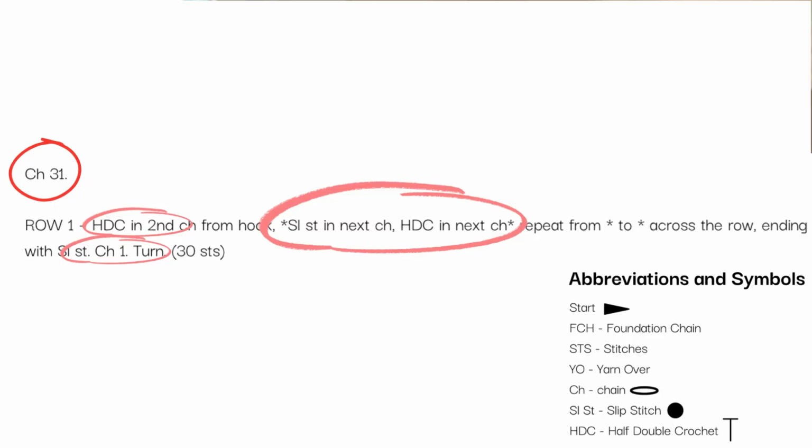Then usually after every row, you should have a number in brackets. That means how many stitches are in that row. For this Even Moss Stitch, there's 30, because even though we started with the foundation chain of 31, we start the first stitch into the second chain from the hook, so that chain was a turning chain.